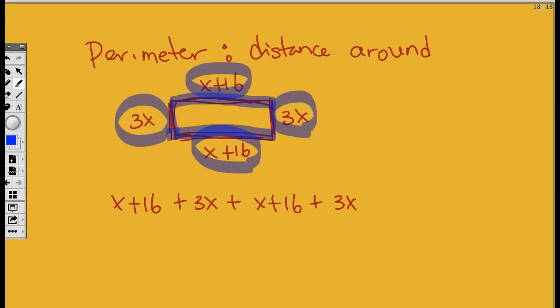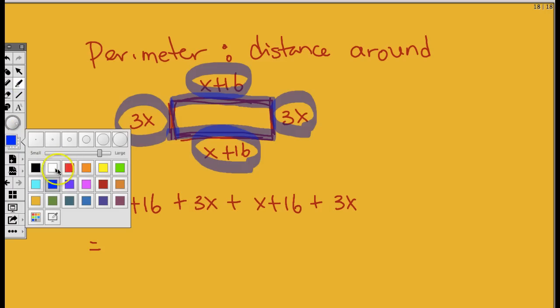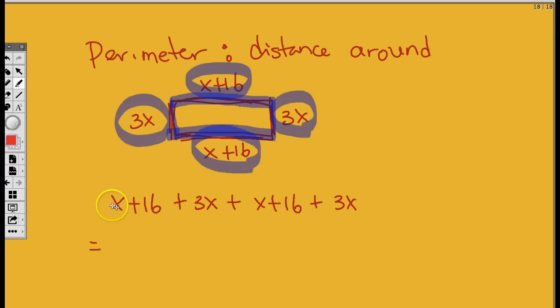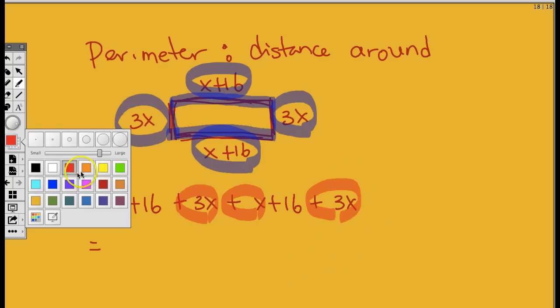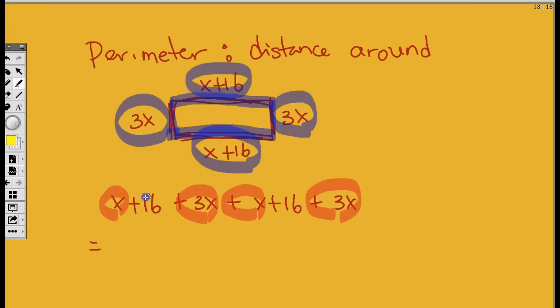Okay? So now I gotta do the actual calculations. Remember the Garcia family? Okay, so let's group them by letter. So then x, 3x, x, 3x. We're going to put those together and then everything else, they're going to be grouped separately.